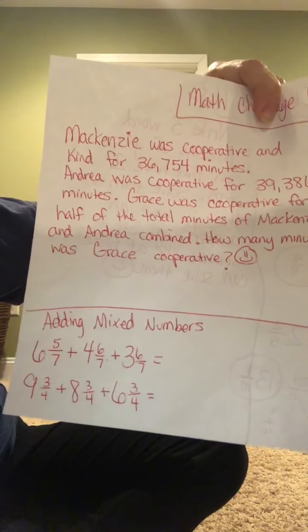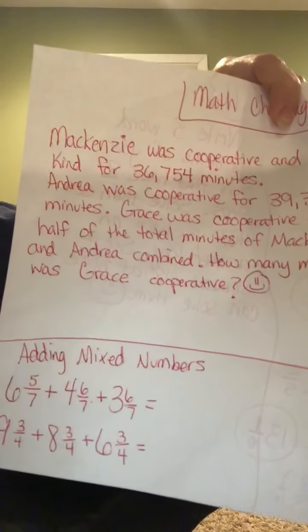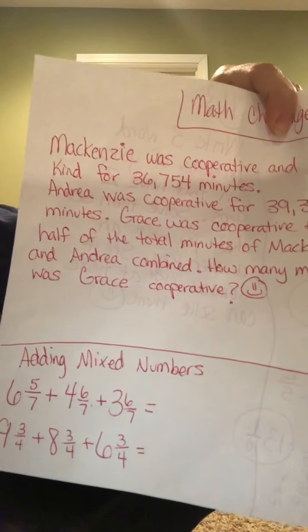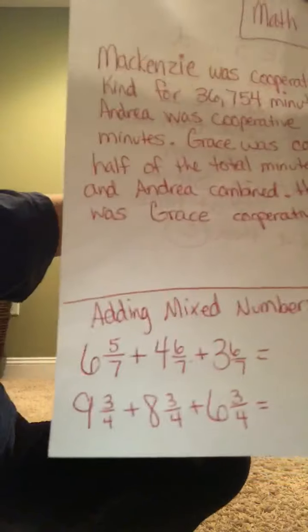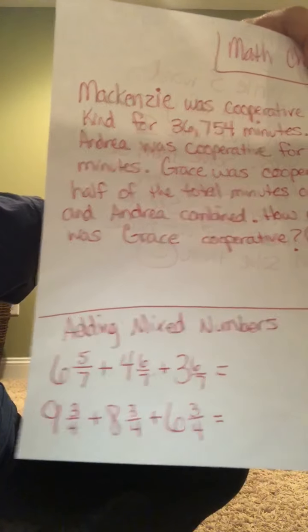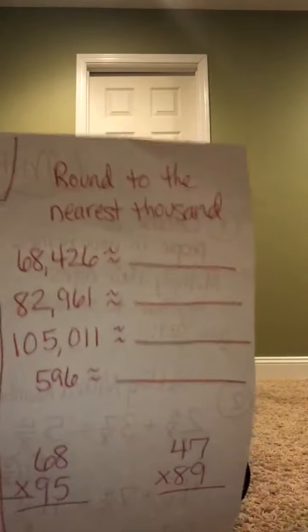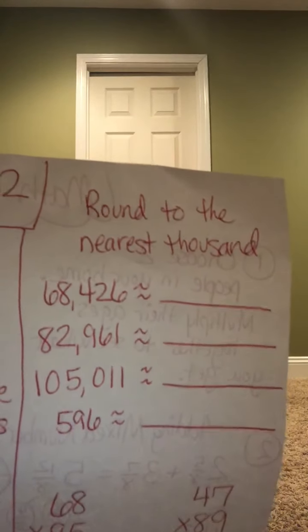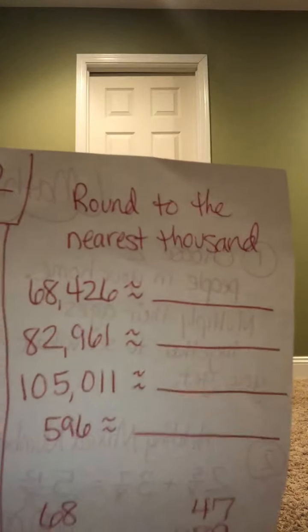Okay, more adding mixed numbers. 6 and 5/7 plus 4 and 6/7 plus 3 and 6/7. And the second one, 9 and 3/4 plus 8 and 3/4 plus 6 and 3/4. Okay, then we have some rounding to the thousands. I'll hold it here so you can see those numbers. You're gonna round each of those to the thousands place.